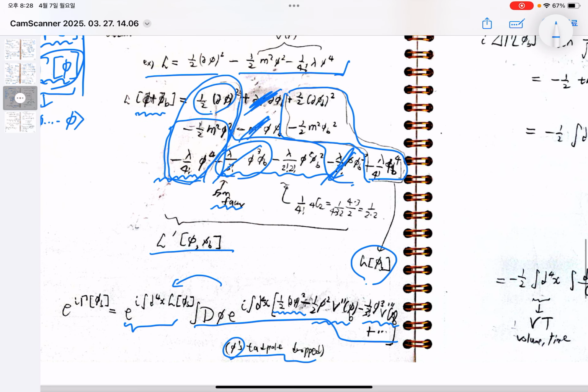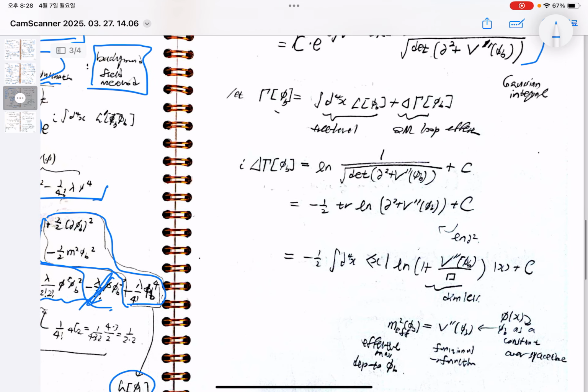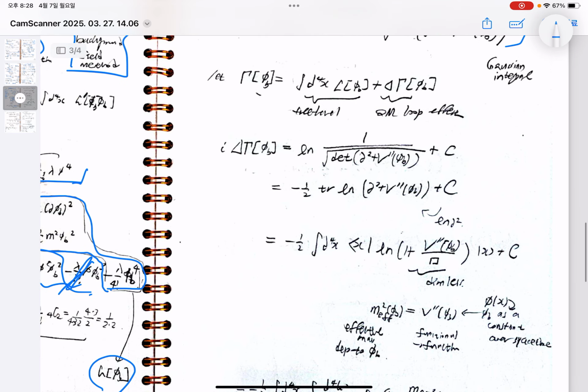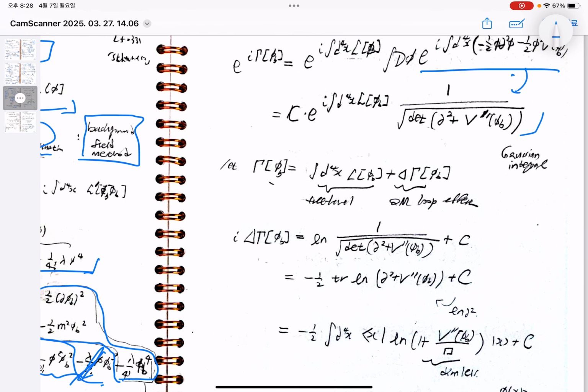This is the general one, but we want to consider the scalar case now.